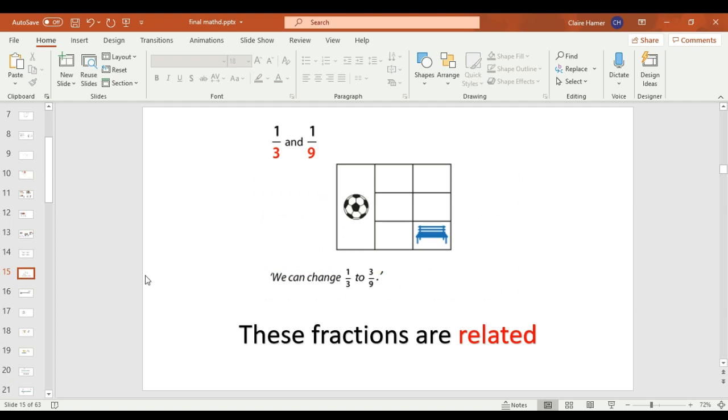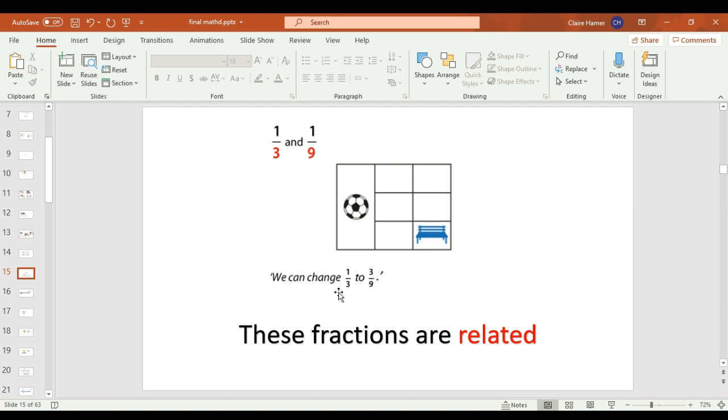Now, final part of the lesson involves us looking at fractions that are related. Because if you remember earlier on, the boy said that he was going to do 1/3 add 3/9. Before he worked out the answer, he'd need to make both the denominators the same. And we can say that 1/3 and 1/9 are related because a common denominator can be found.